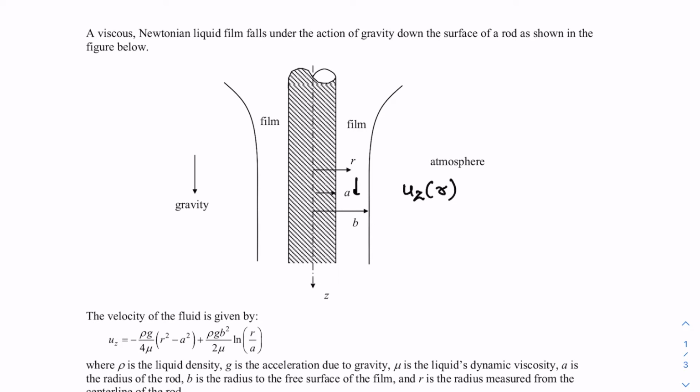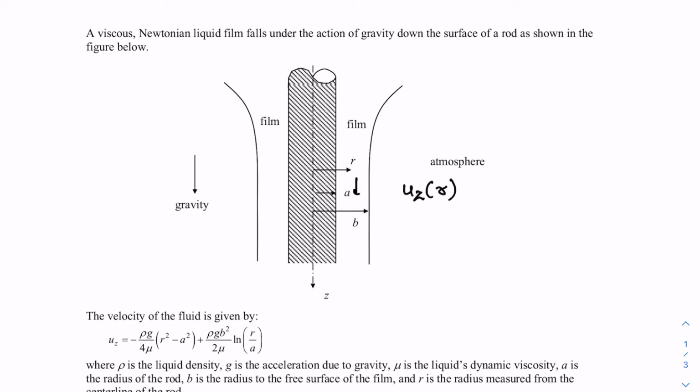It is a Newtonian fluid, so its viscosity is constant, its density is given, the acceleration due to gravity is also given, and we also know the liquid's viscosity and the dimensions of the cylinder and the thin film. As the fluid film falls under the action of gravity, there is a velocity profile inside this film that is a function of r.